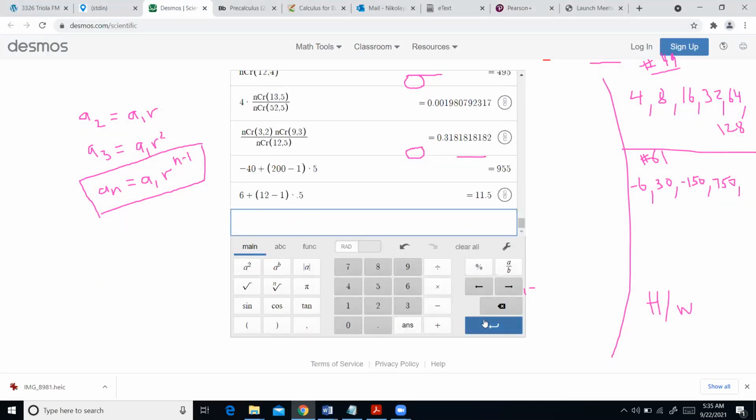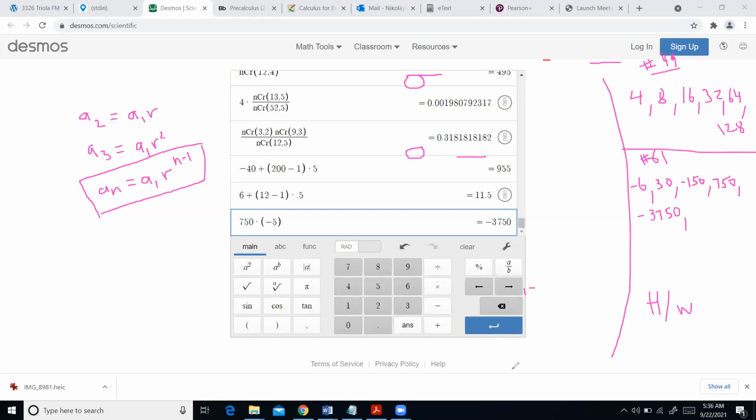So let me multiply 750 by -5. We can multiply by -5; the calculator doesn't care, just put -5 here. And looks like the next term will be pretty big. It's going to be -3750, right?